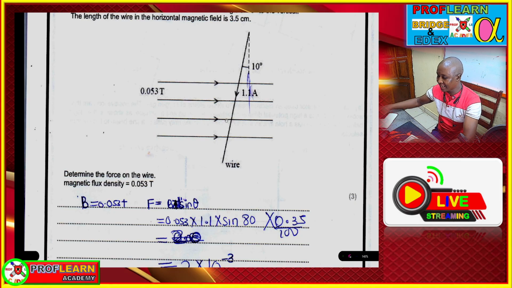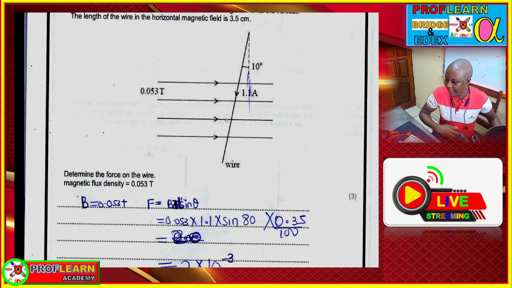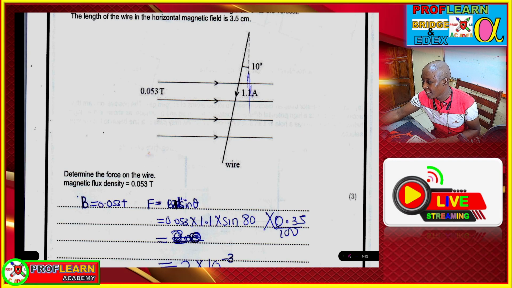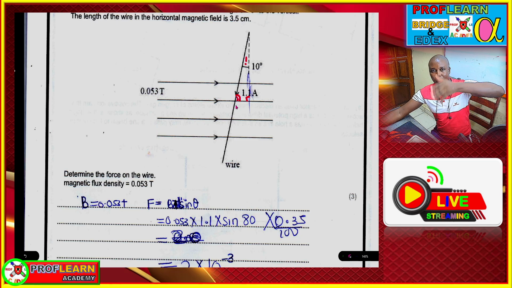And theta is the angle between the current direction and the magnetic field. In this case, theta is this angle here. Since this is 10 degrees and this is 90, we can find the angle between the current in the wire and the magnetic field. That angle is going to be 90, because this is 90, this is 10.